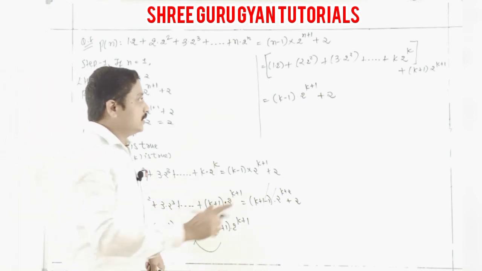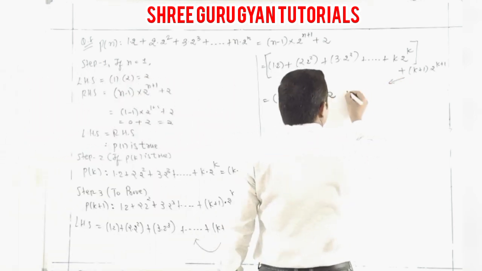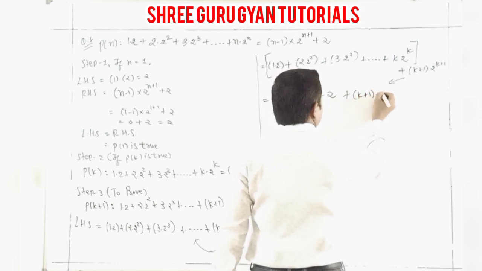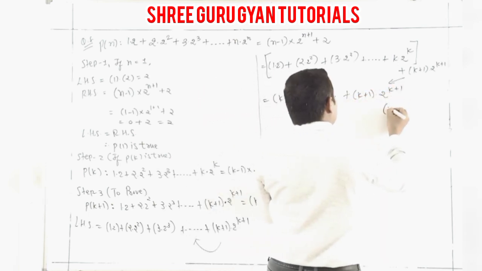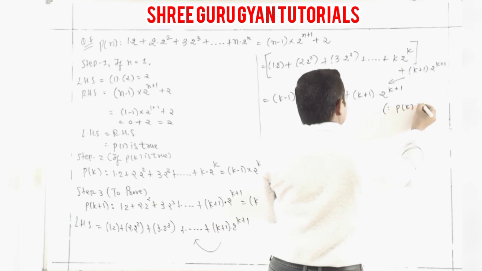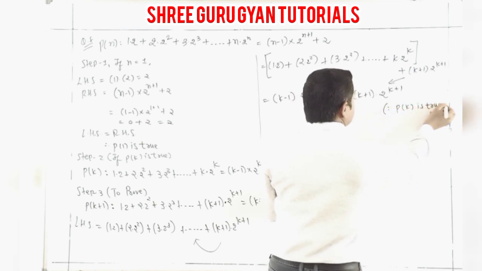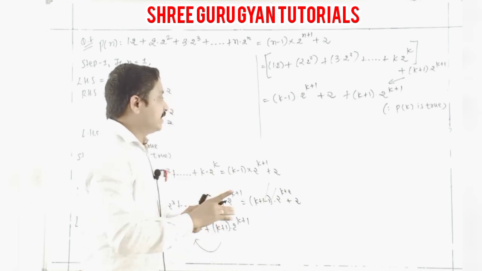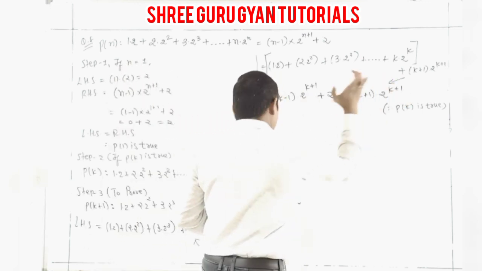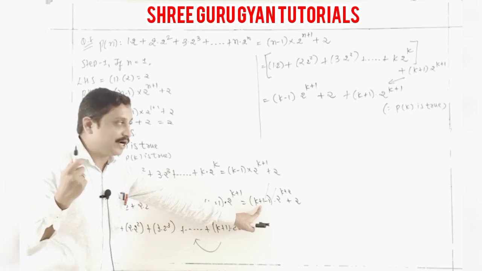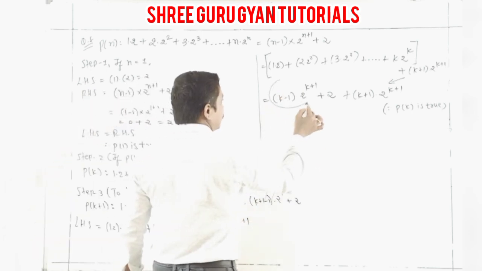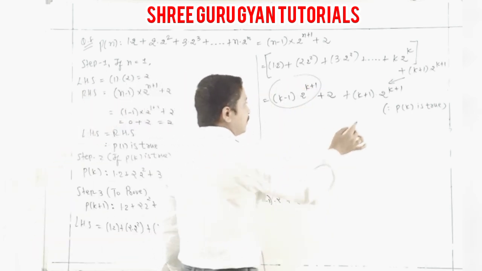And these are as it is. What is that? K plus 1, 2 raised to k plus 1, and mention here because Pk is true. Now students, look at that. This 2 raised to k plus 1, 2 raised to k plus 1, that's your answer part. I just take common here and here.